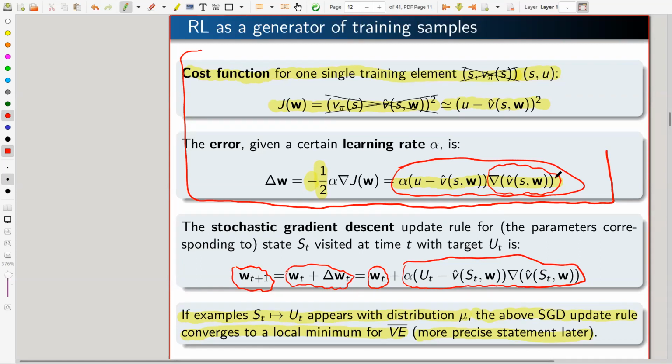Exactly. If U depends on W, then the derivative of J is equal to something different. There is another factor. You have to multiply by the derivative of the target with respect to W. So this is not the complete gradient. This is in some sense a semi-gradient.